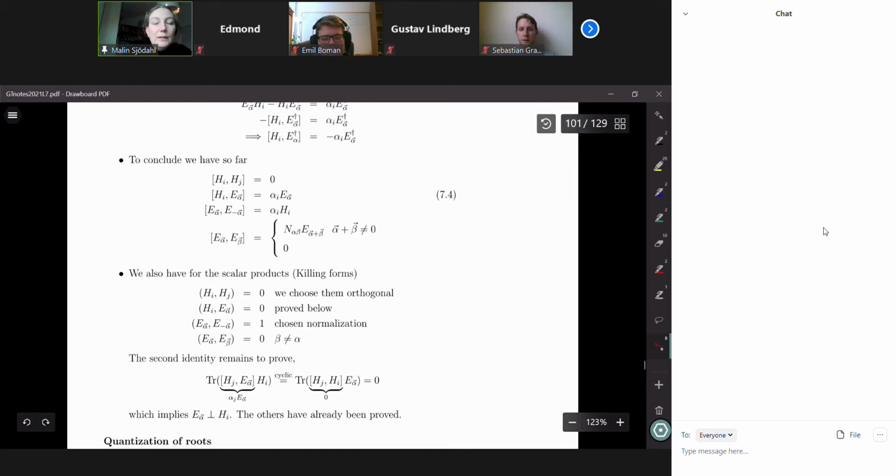If I take the commutator between E alpha and E minus alpha, then I have alpha_I H_I, so something in the Cartan subalgebra. And if I take the commutator of E vector alpha with E vector beta, then I had some normalization constant times E labeled alpha plus beta, because it was an eigenvector with that eigenvalue.